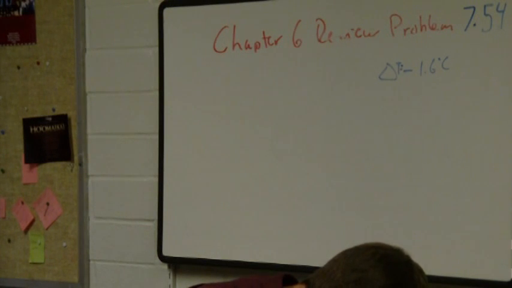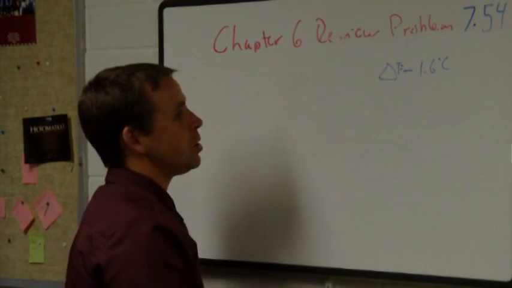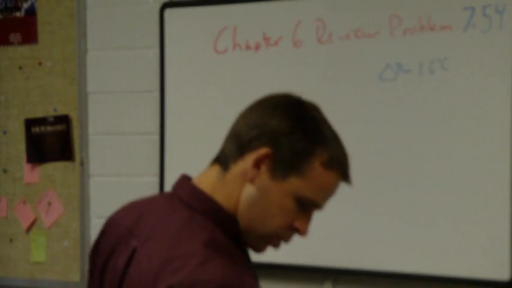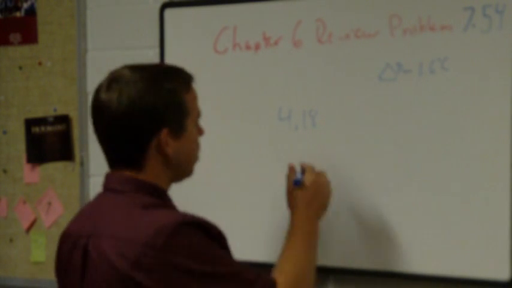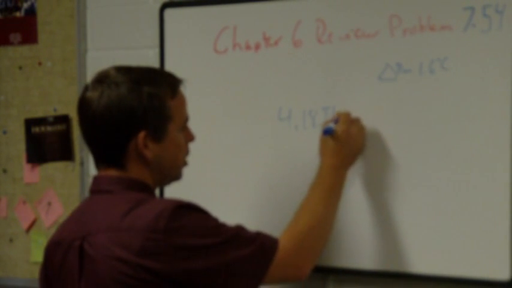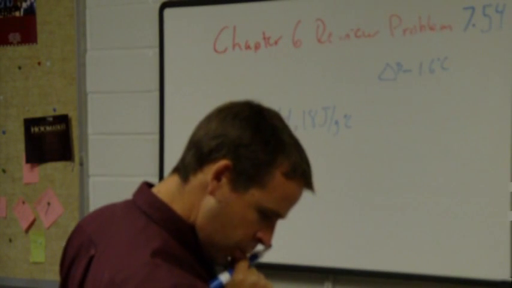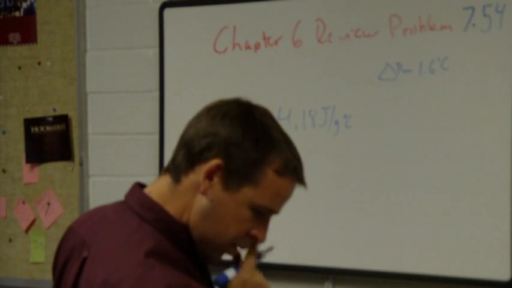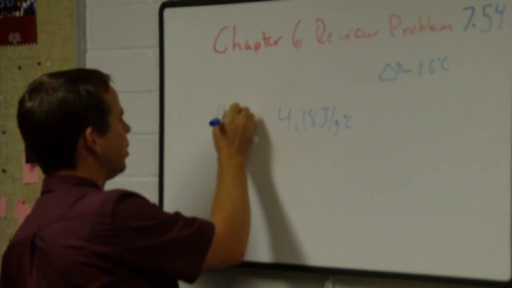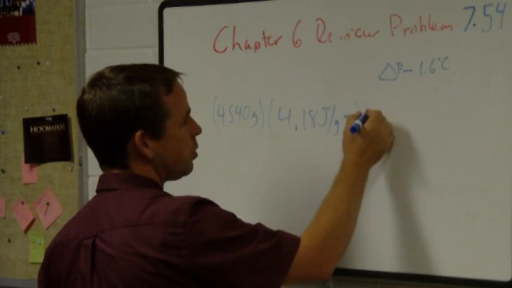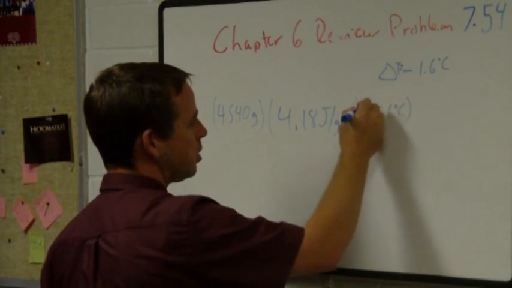How much energy in kilojoules left the water? They say to use 4.18 joules per gram degrees Celsius. We have 4,540 grams of water, and the change in temperature was minus 1.6 degrees Celsius.